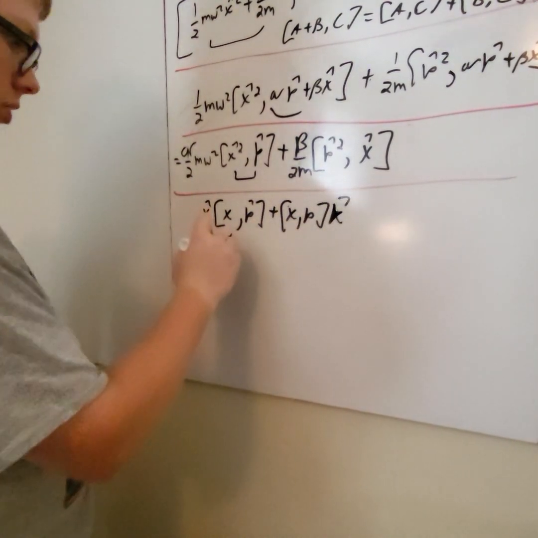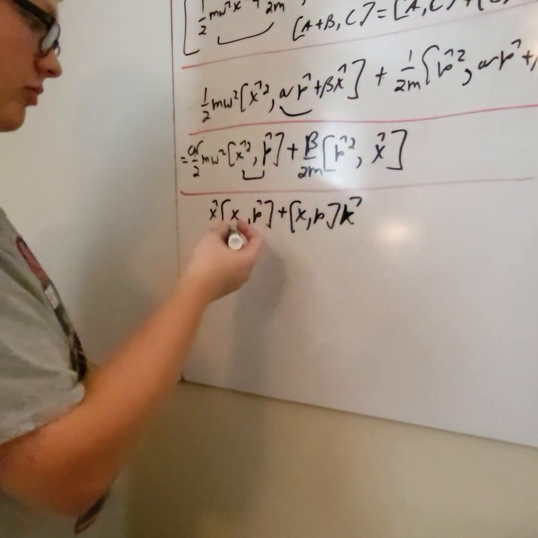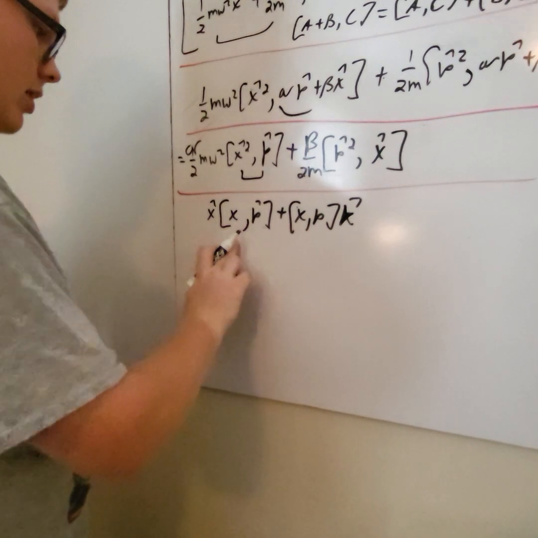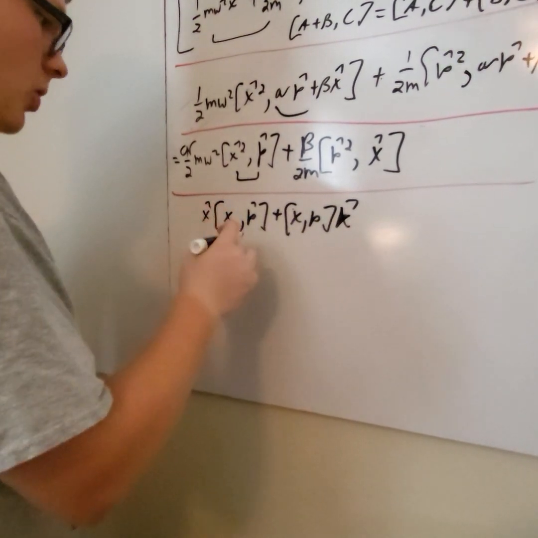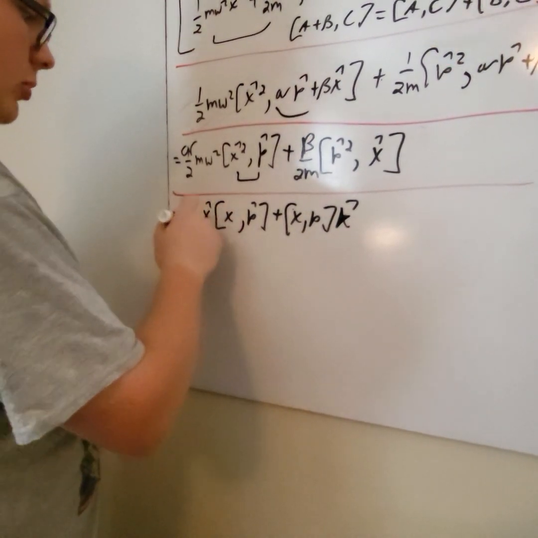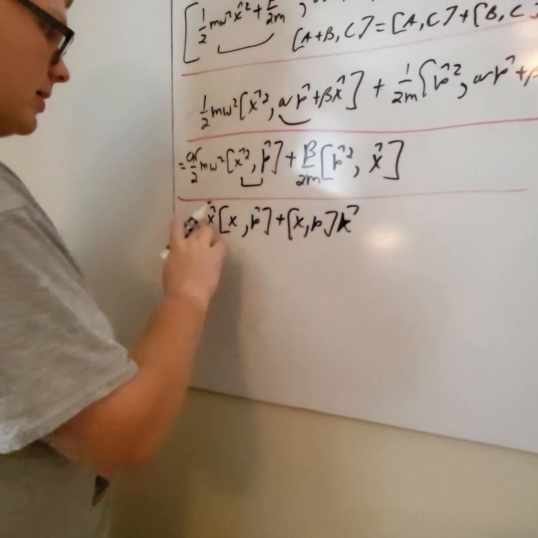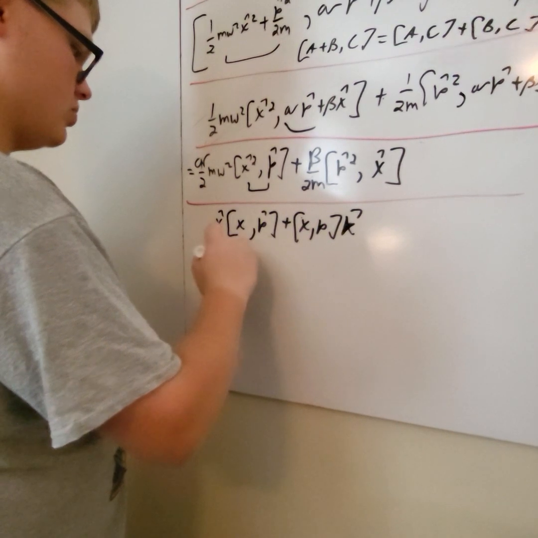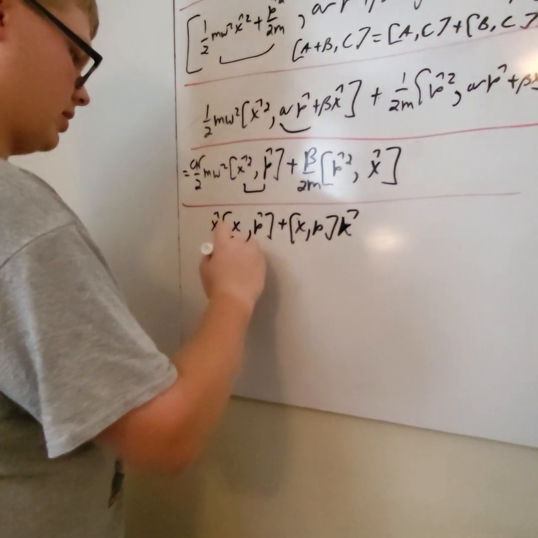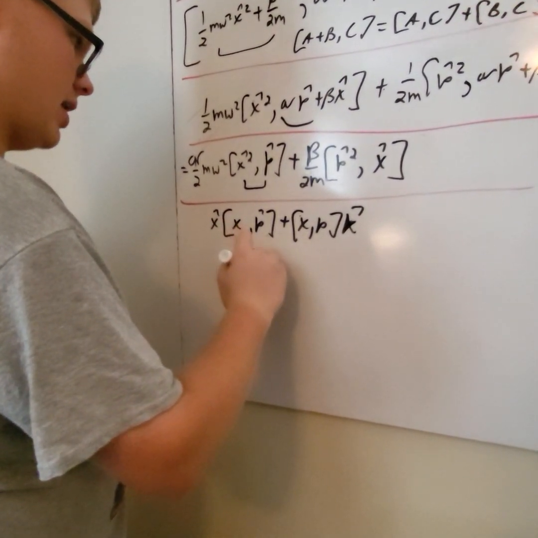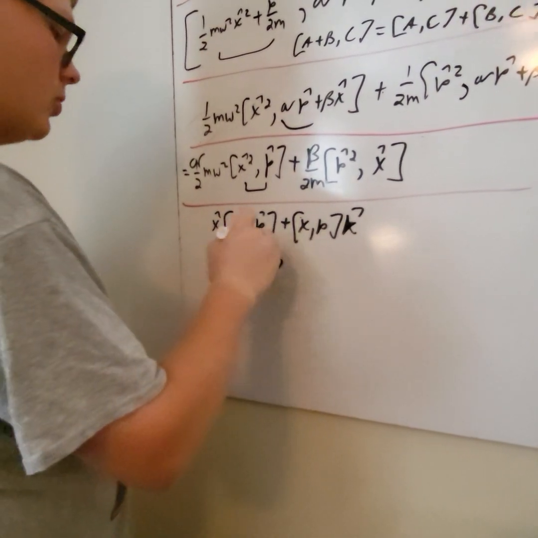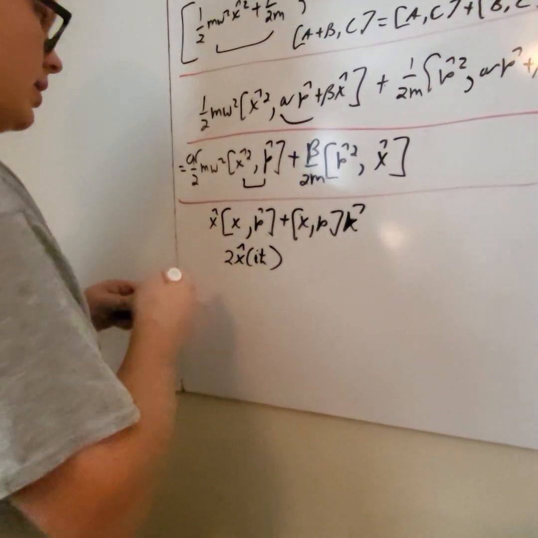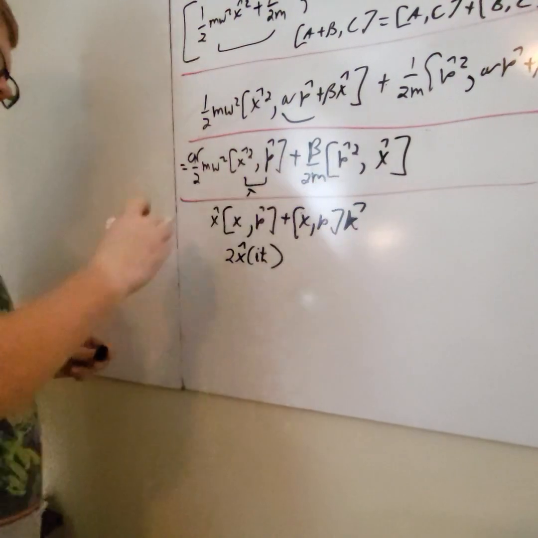Well, we know that the commutator of x and p is just iħ. So those are just numbers, so it doesn't really matter the order we put them in. It's just 2x times iħ, that term right there.